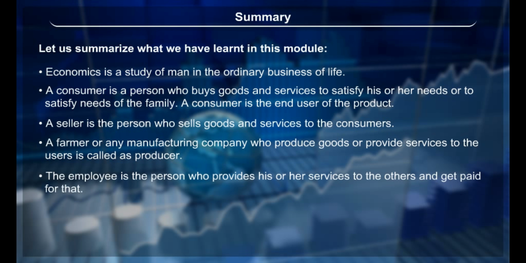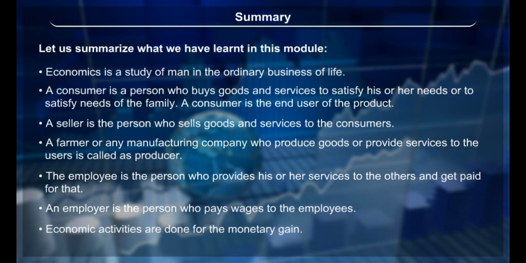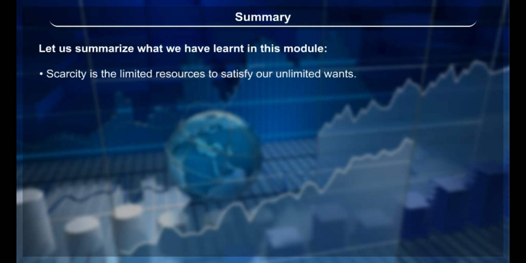The employee is the person who provides his or her services to others and gets paid for that. An employer is the person who pays wages to the employees. Economic activities are done for the monetary gain. Scarcity is the limited resources to satisfy our unlimited wants.